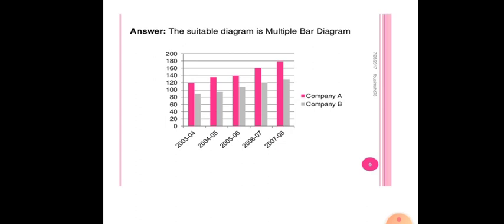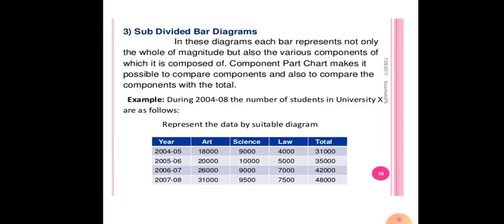In the next slide, number 3 is the subdivided bar diagram. In this diagram each bar represents not only the whole magnitude but also the various components of which it is composed.